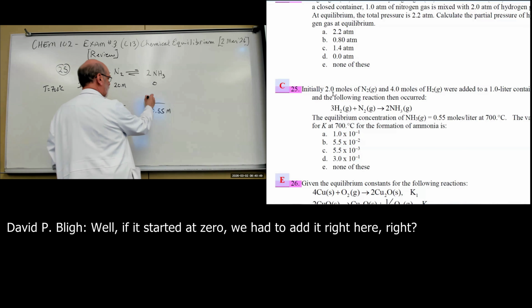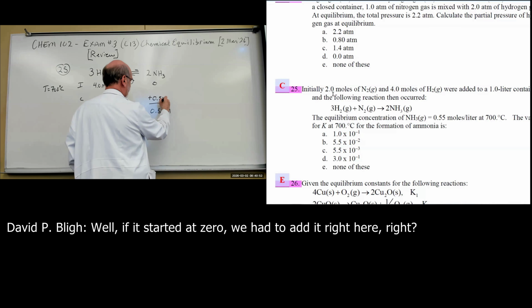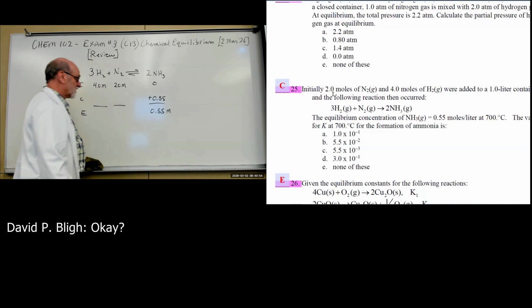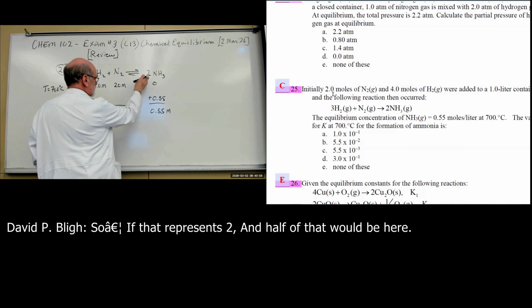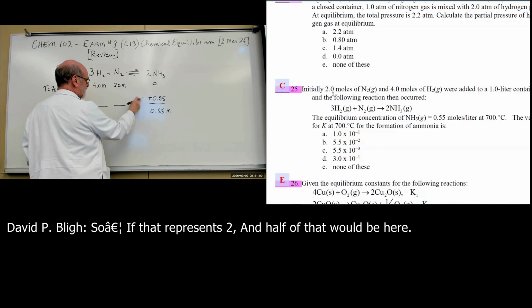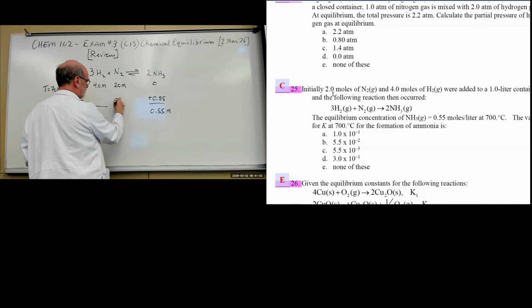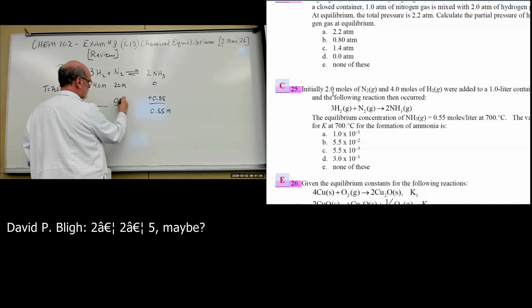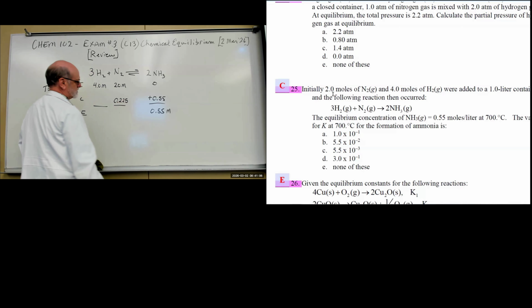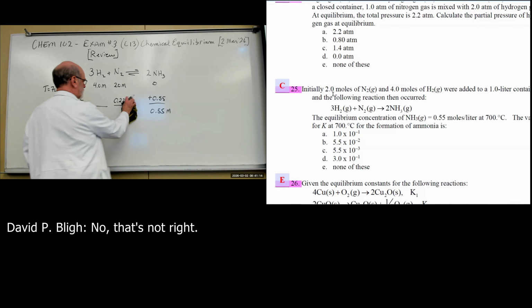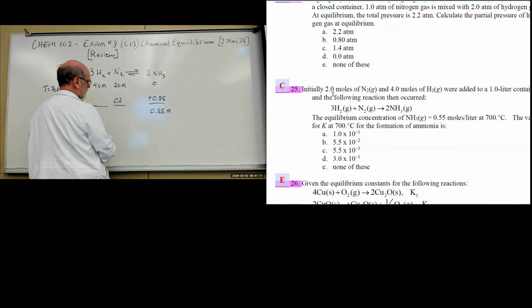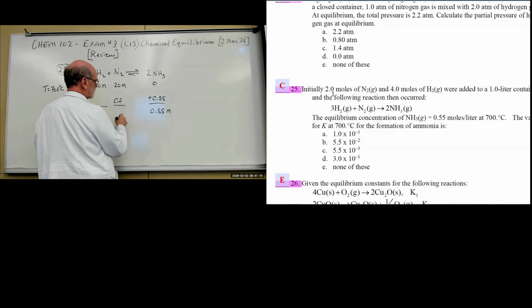Well, if it started at 0, we had to add it right here, right? Okay. So if that represents 2, then half of that would be here. No, that's not right.